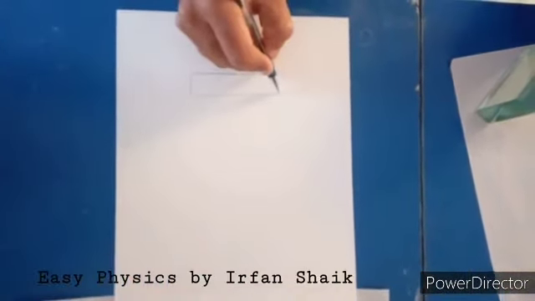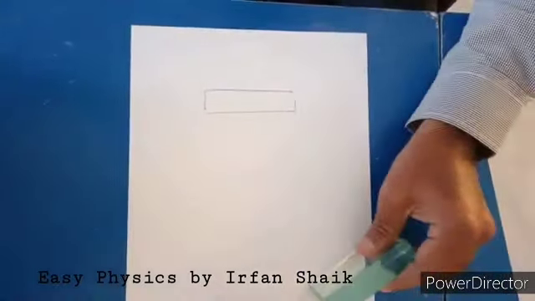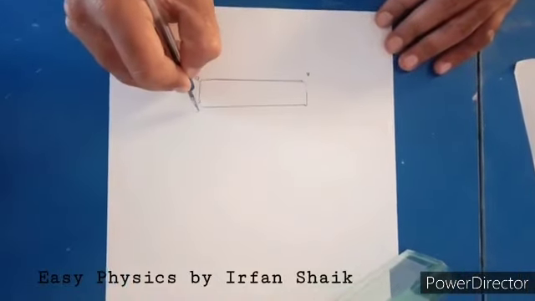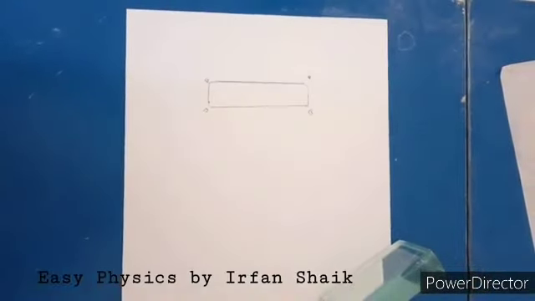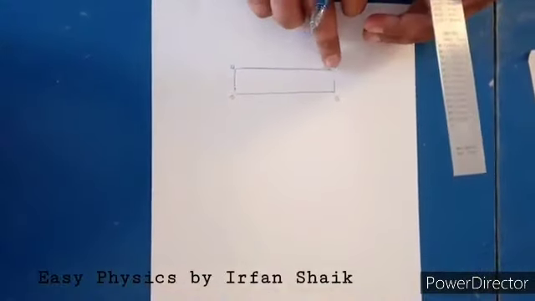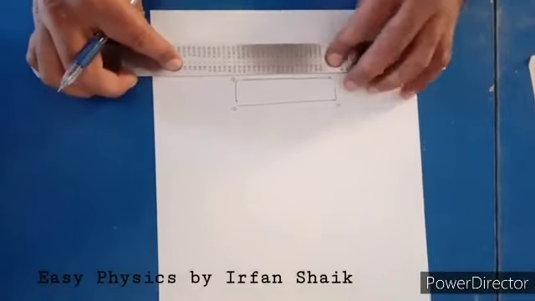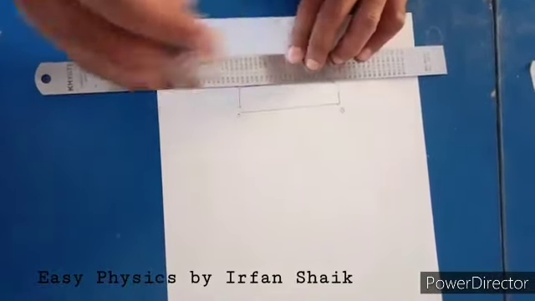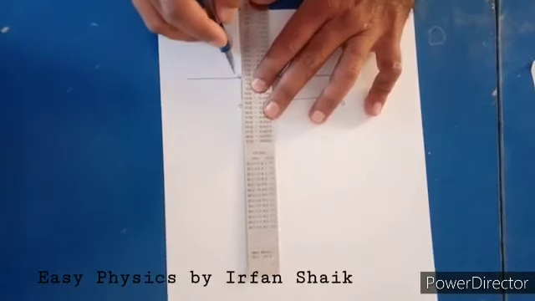So here, I have drawn the outline of this glass slab and now I am going to name these vertices as A, B, C and D. Now what we have to do is draw a perpendicular line to this AB surface. First let me extend this AB surface and now I will draw one perpendicular line to this AB surface.